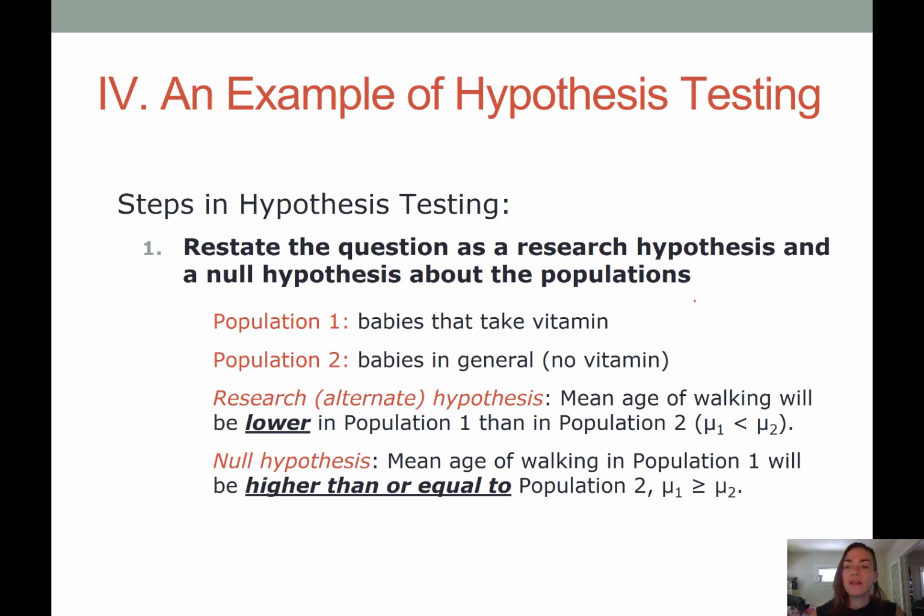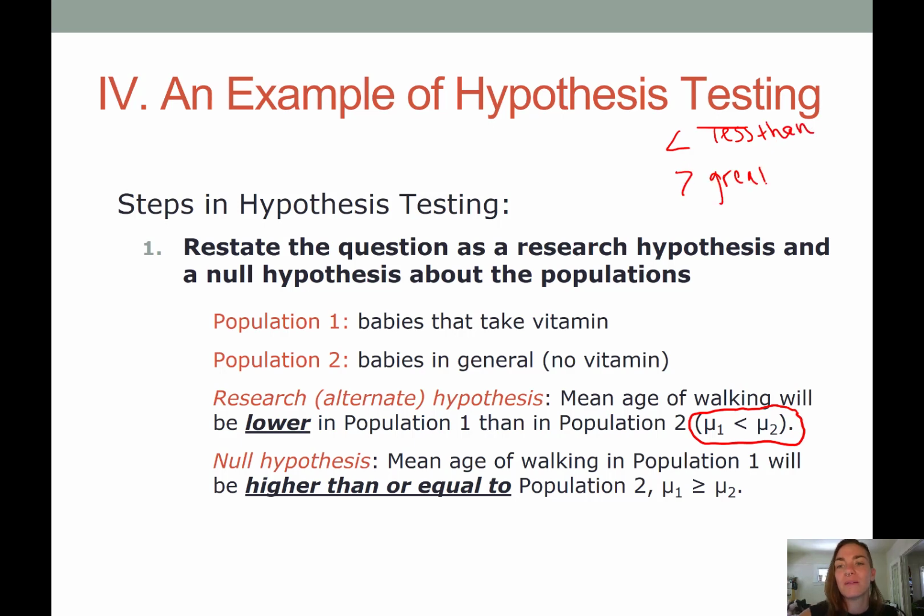And then notice that there's this little piece I tagged onto the end here. Mu with a subscript 1 is less than mu with a subscript 2. So mu sub 1 refers to the mean of population 1, and mu sub 2 refers to the mean of population 2 here. And then maybe you need to jog your memory about these symbols.